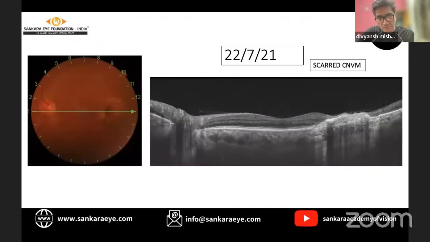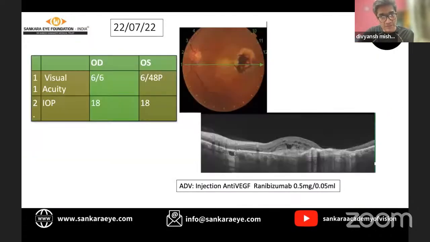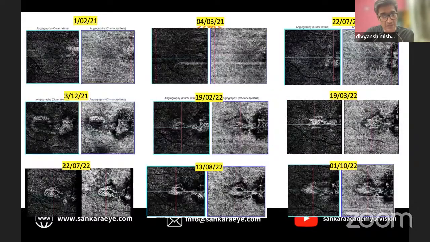If Hinal can put up the last OCTA image, the primary network which was treated by laser is showing a dead tree kind of appearance, and never has it shown any area of activity except this small frond which had come into the fovea and caused a CNVM in the subfoveal area.